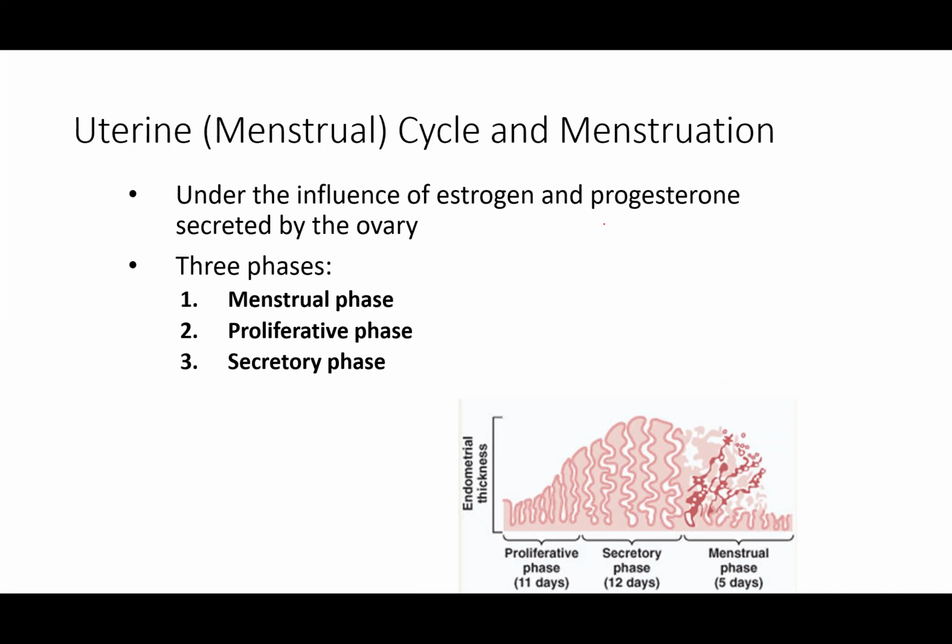Okay, so changes in estrogen and progesterone concentration during monthly cycles. Basically, you have day 1 to day 28 and roughly day 14. So you can break it down by day 1, day 14, day 28.